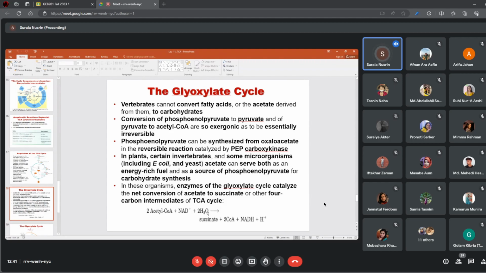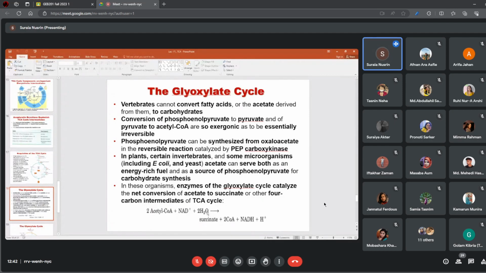But we vertebrates cannot do this. So how are these organisms doing this? They have a cycle called the glyoxylate cycle, and the purpose of the glyoxylate cycle is to produce 4 carbon compounds.